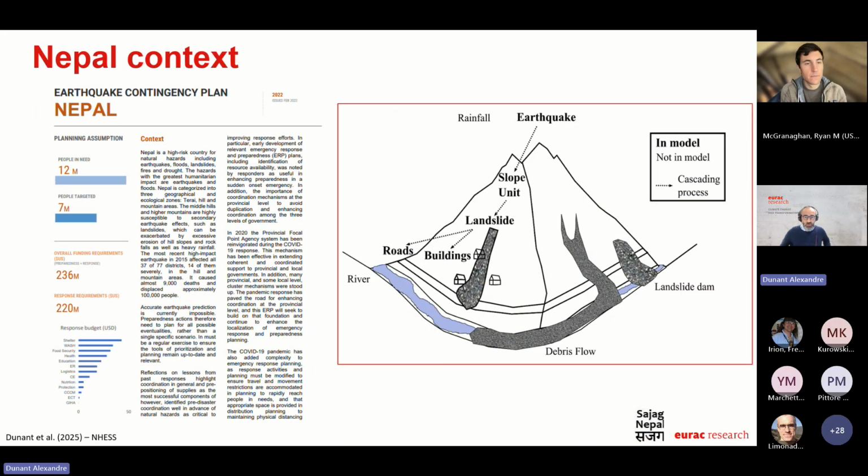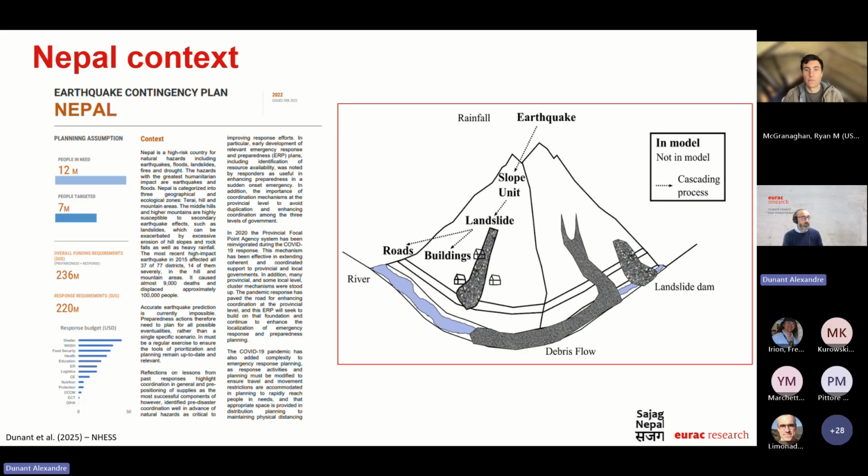So now we jump into Nepal. A bit of a different setting, but at this time I moved to the UK, and we wanted to work on the contingency plan in Nepal.